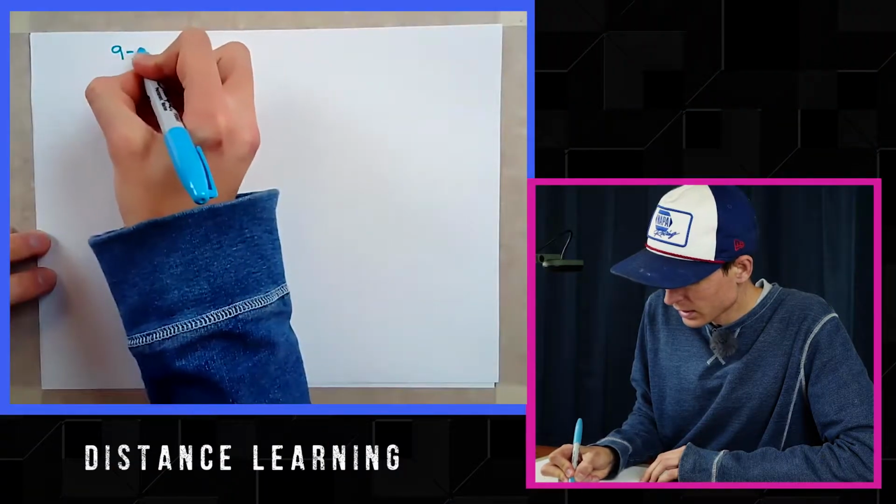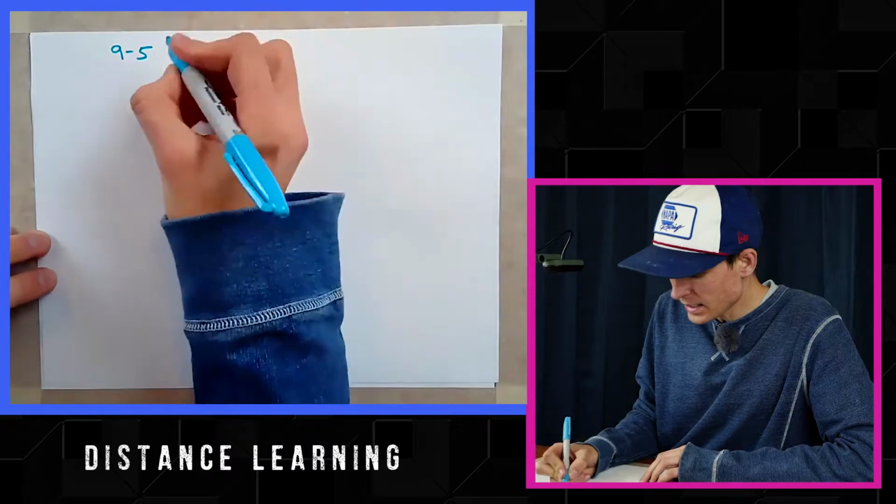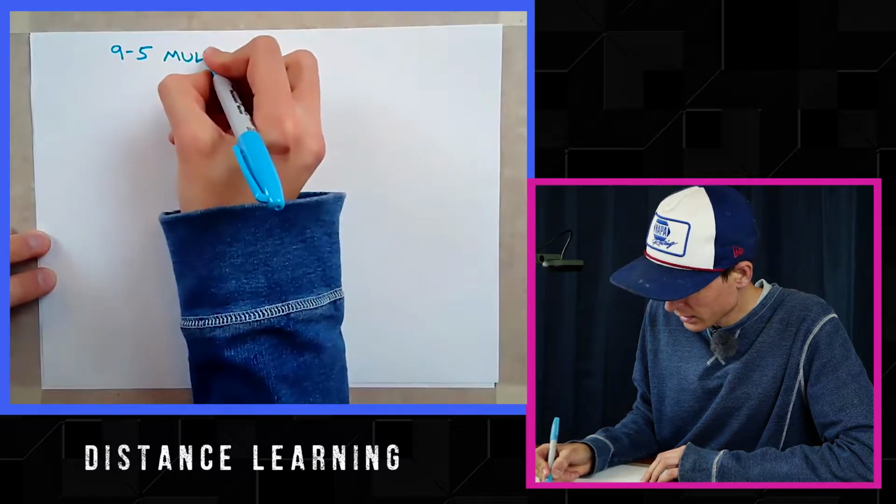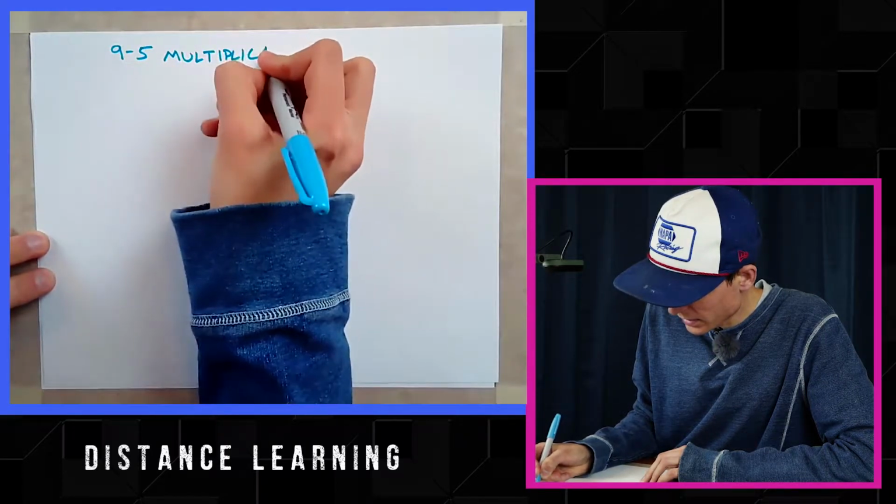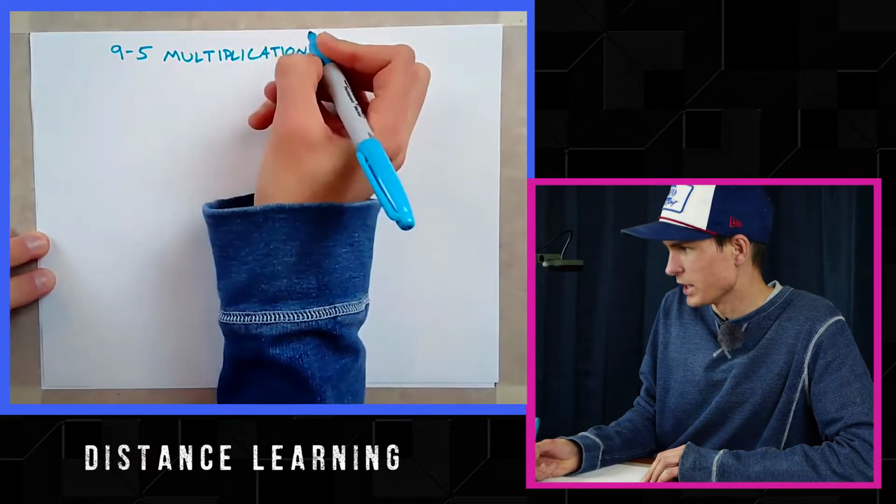Today is probably my favorite section of maybe all pre-algebra, algebra, geometry. It's up there at least. So 9.5, we got the easy section last time with elimination.